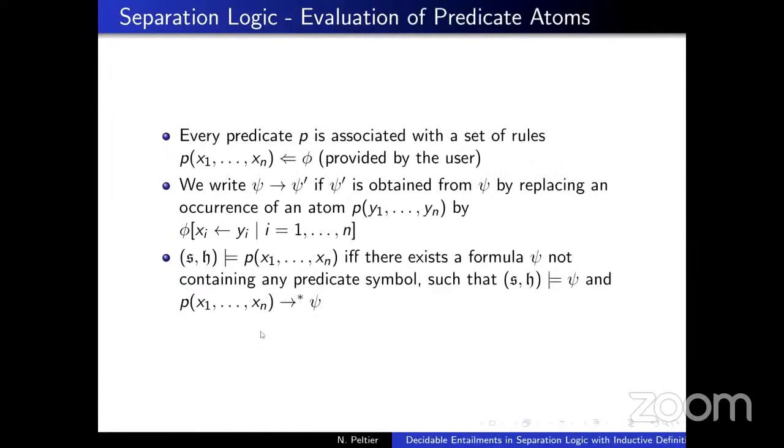For a predicate atom, we assume that every predicate symbol is associated with a set of rules of this form. These rules may be provided by a user. Given this set of rules, we define an unfolding operation on formulas by stating that the formula psi may be unfolded into a formula psi prime by replacing an occurrence of such an atom by a corresponding formula phi, in which we have replaced the formal parameter xi by the corresponding actual parameter yi.